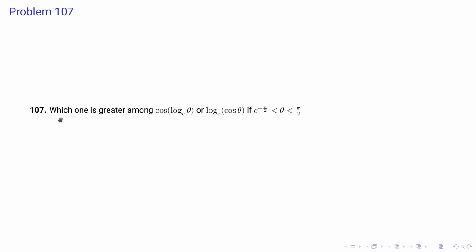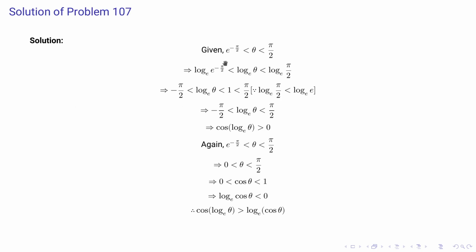Problem 107 says that which one is greater among cos of log theta with base e or log of cos theta with base e, if e to the power minus pi by 2 is less than theta, which is less than pi by 2. So we are given that e to the power minus pi by 2 is less than theta, which is less than pi by 2.